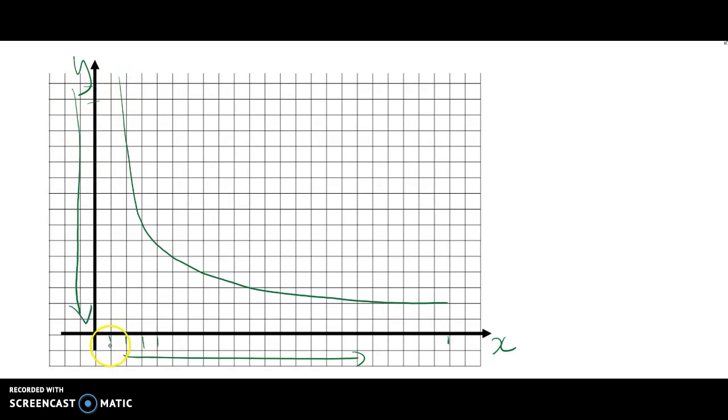As we go from left to right on our x values, the y values are decreasing, coming from top to bottom. So if we write that, we can say as x increases, y decreases. And when that happens, then we know that it's an inverse proportion.